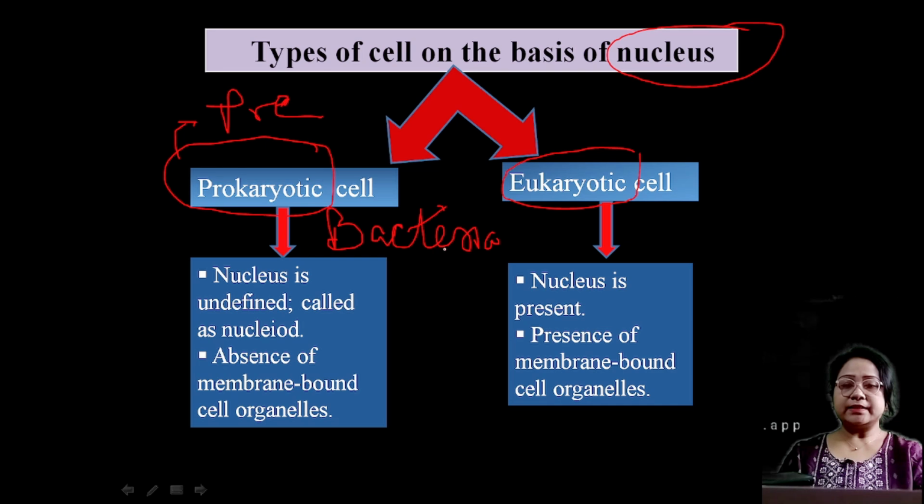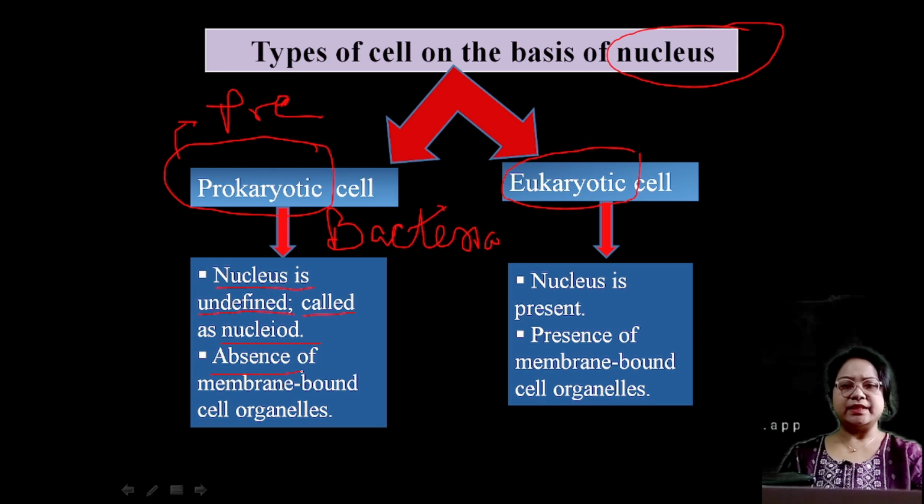And what does the bacteria contain or what does it not contain? So bacteria or the prokaryotic cell do not have a nucleus. That means here the nucleus is undefined, and that region is called nucleoid.